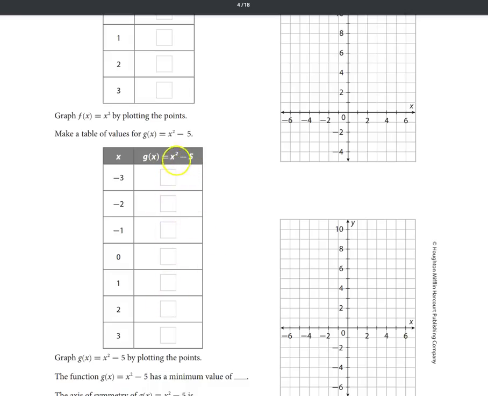However, what we know at this point is that because this value here is minus 5, that is going to indicate a translation of the parent function 5 units down. So its vertex is now going to move down to here.